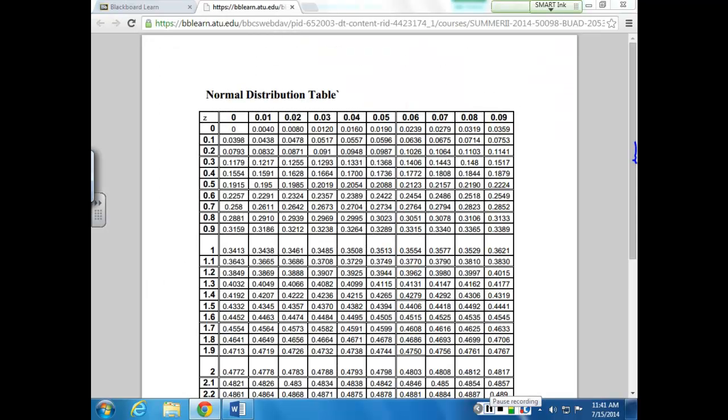So now we're just looking in the center of the table for a number that's close to 0.3, and the closest I can see is 0.2995, and that goes with a z of 0.84. So it's below the mean, so we're going to go not quite one standard deviation below the mean.